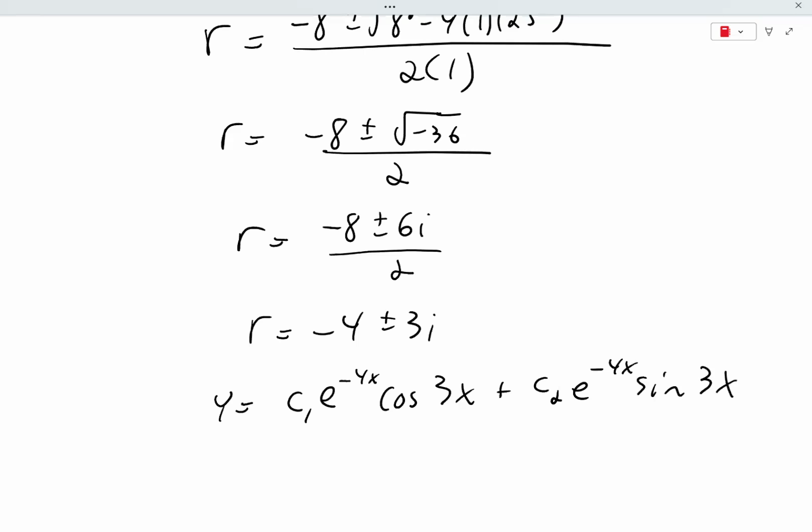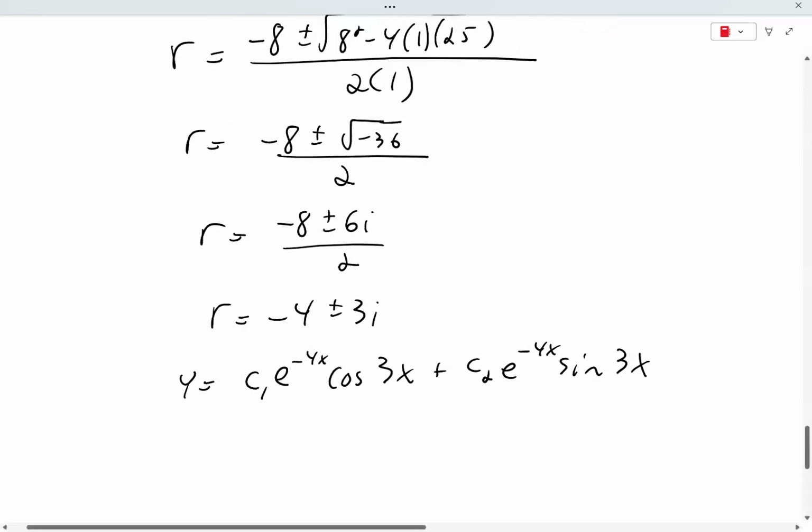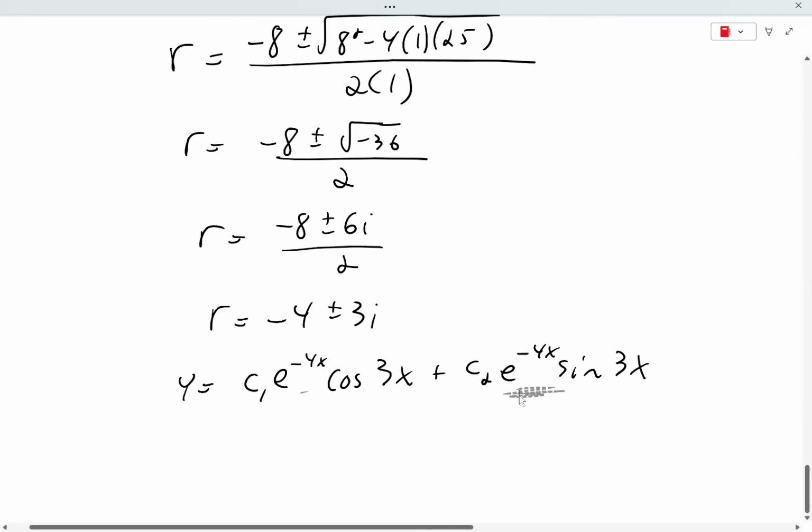Right, it looked like this here. Or you could factor out the e to the negative 4x there too. So this is okay here. Or if you factor it out, you can factor out this e to the negative 4x. That would be the general solution there for that one.